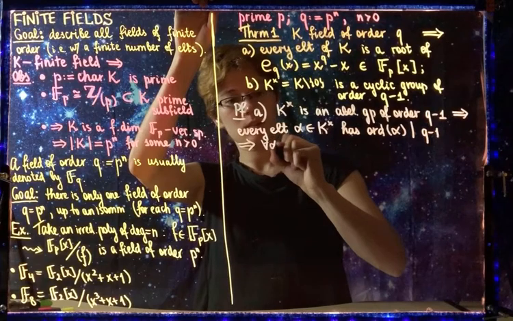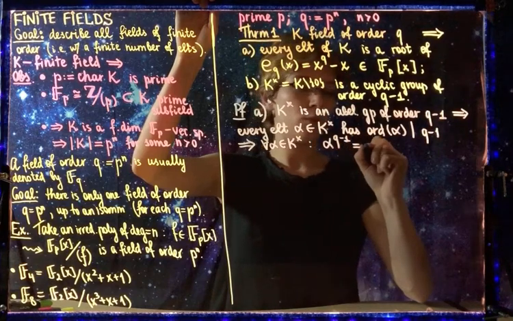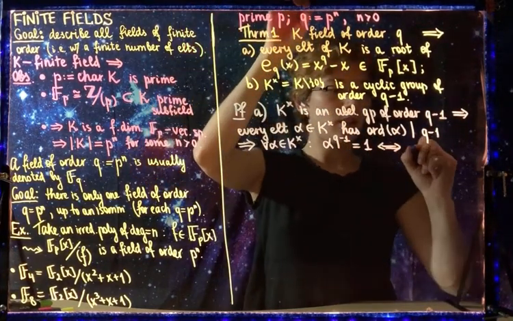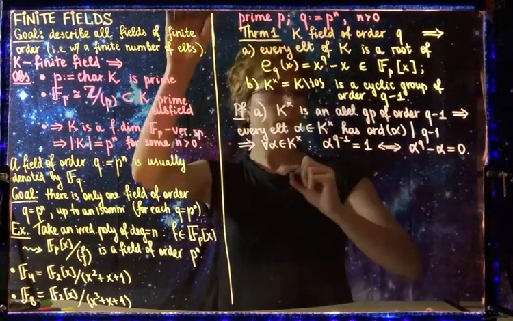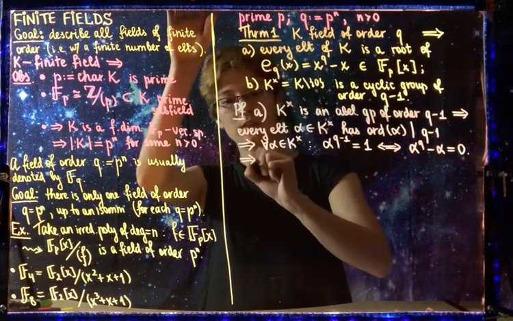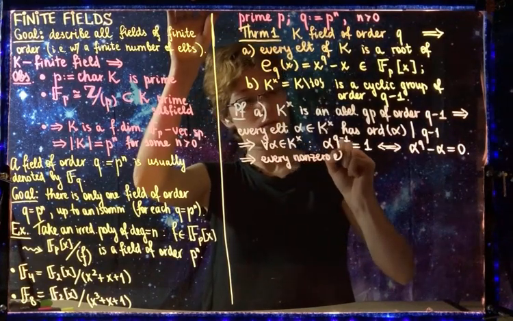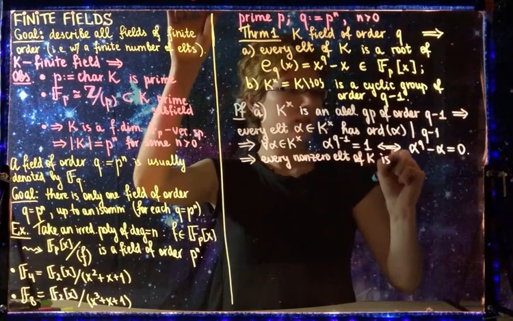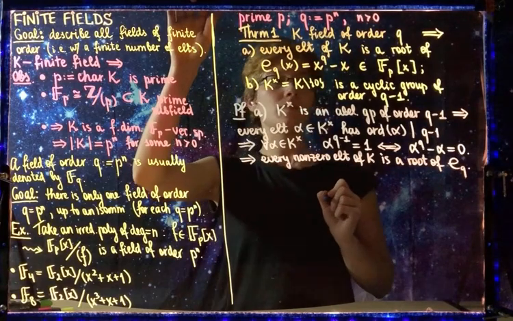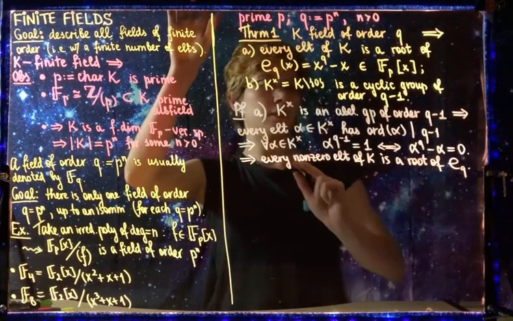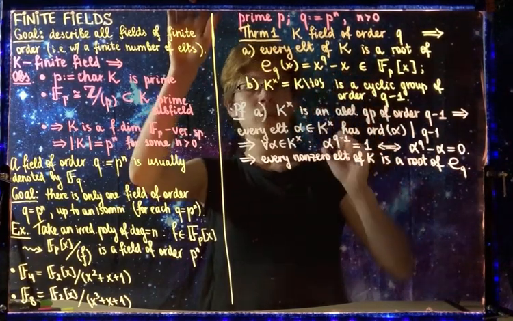So for every alpha in K star, alpha to the power q minus 1 is equal to 1. Or equivalently, I can say that alpha to the power q minus alpha is equal to 0. So we proved that every non-zero element of K is a root of E sub q. But 0 is also trivially a root of E sub q because we have that 0 minus 0 is equal to 0. So part A is good.